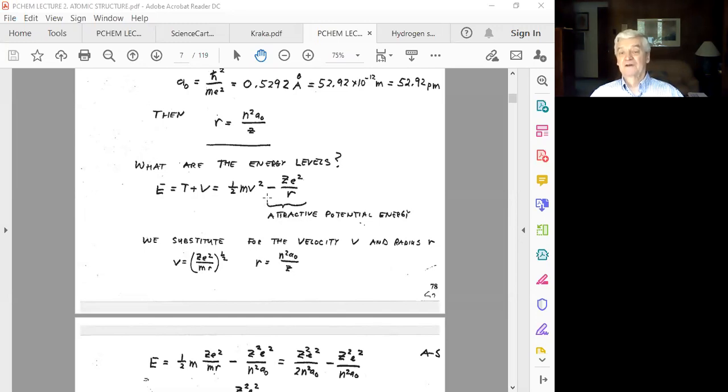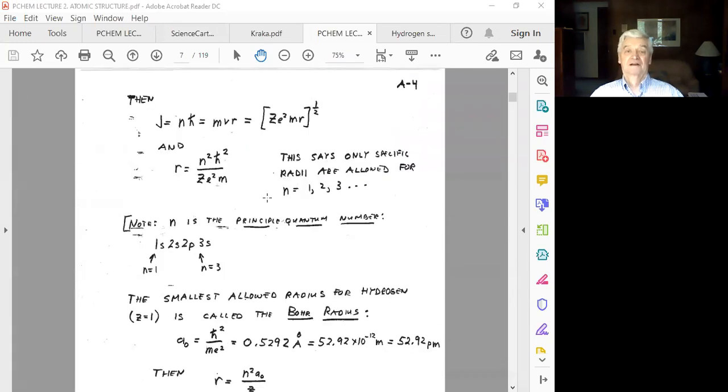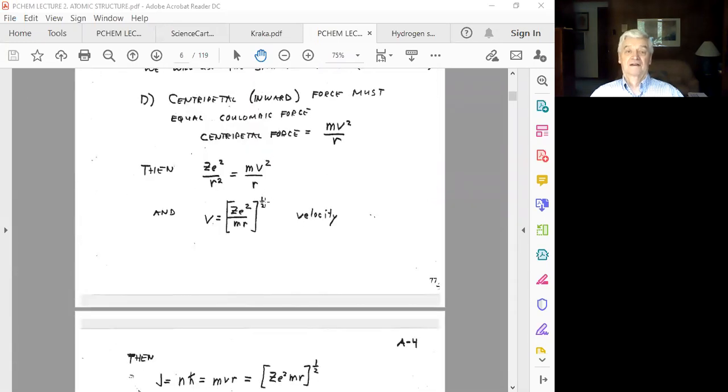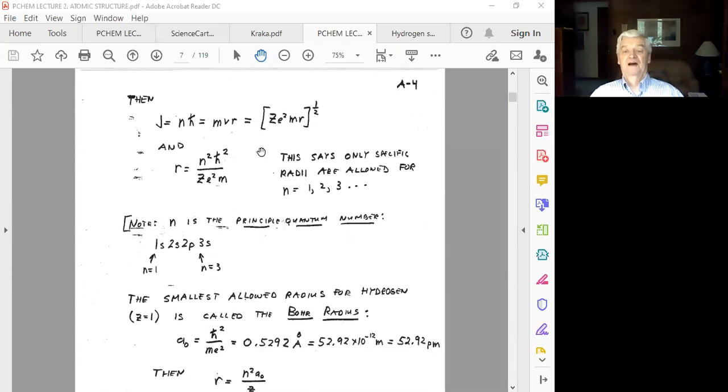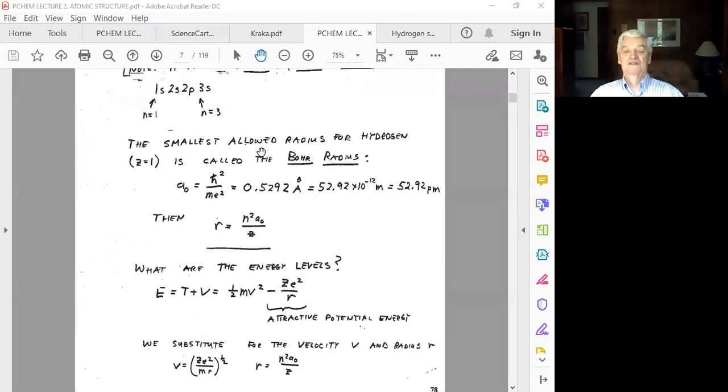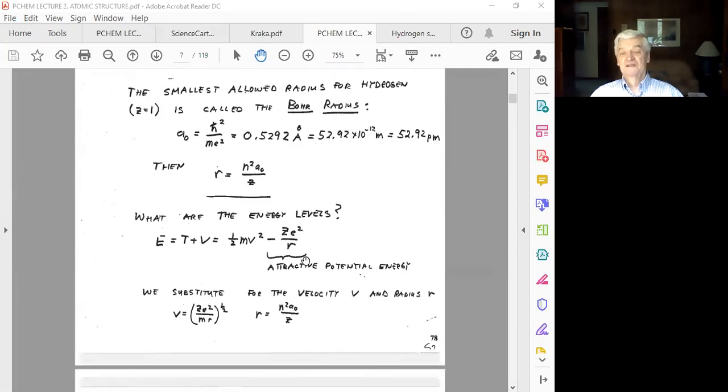So again, this would have that vacuum permittivity in there, if I wanted to have the units be in joules, but we're going to do this in atomic units. Okay, so here's Bohr's formula for that.